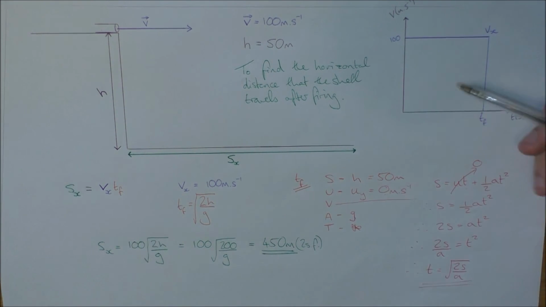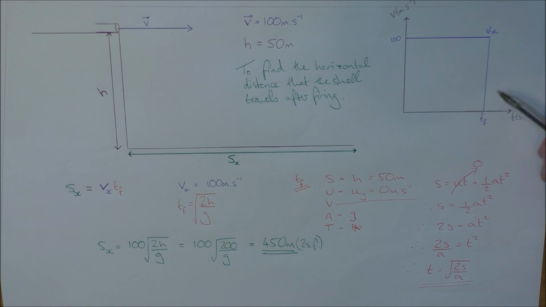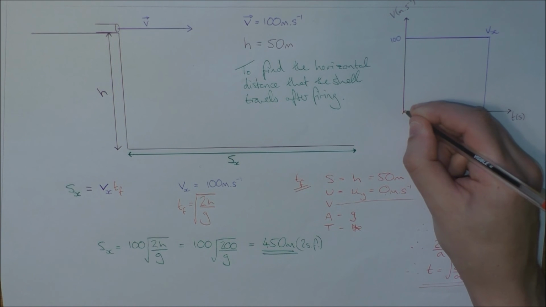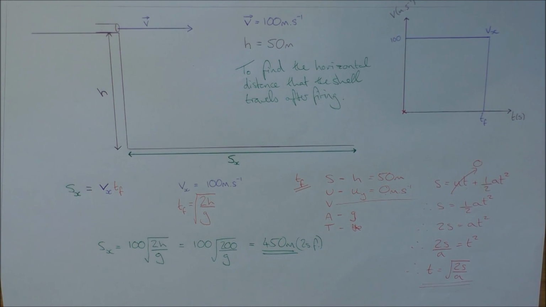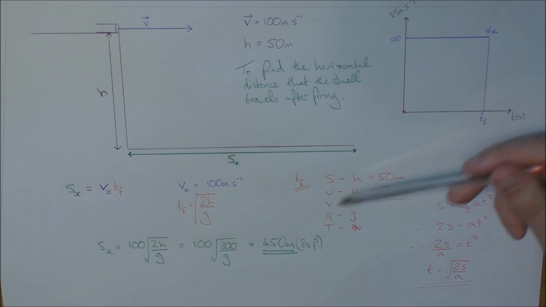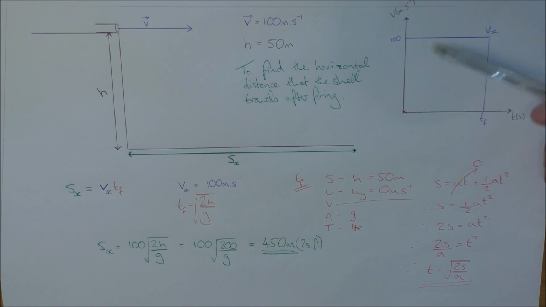Now for Vy, I'm going to have to be a little bit cleverer. So I know that Vy in the first place starts at 0. So that's going to be at the origin. And I already worked out the flight time for this to be about something like 4.5 seconds. So if we take the acceleration, g, to be about 10, that means it's going to be doing probably about 45 meters per second vertically.